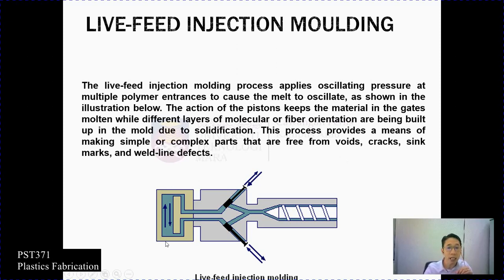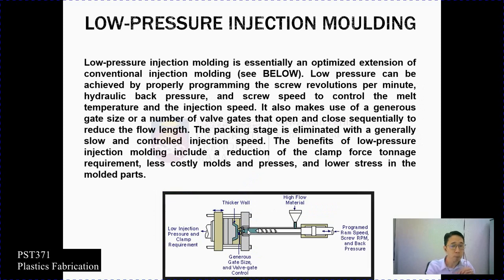And usually, this type of live feed injection molding is used to produce thick articles. Okay, they fill layer by layer until all of the layers are filled and the desired thickness is produced.